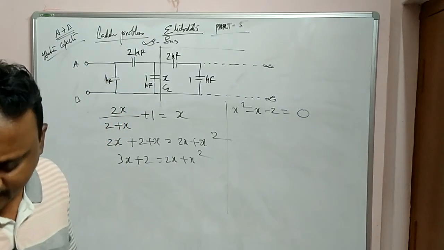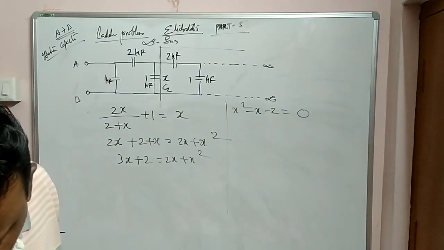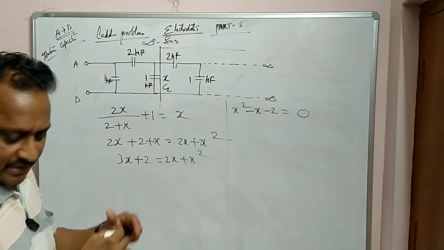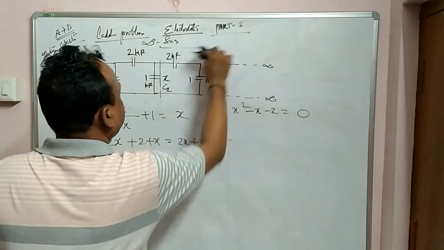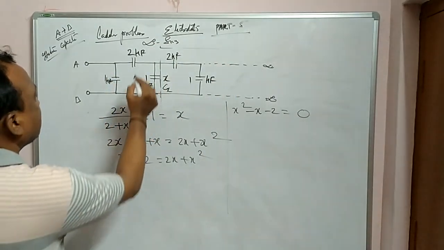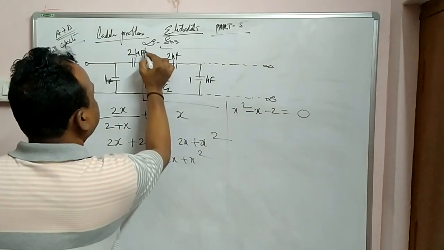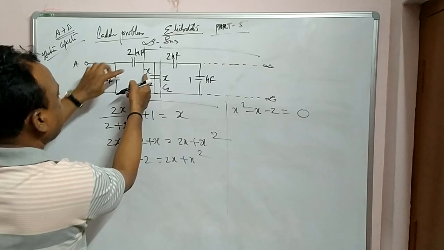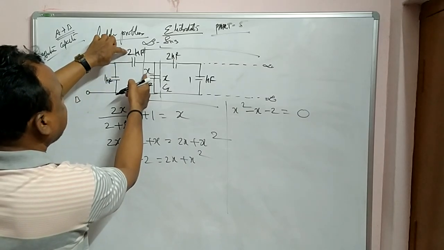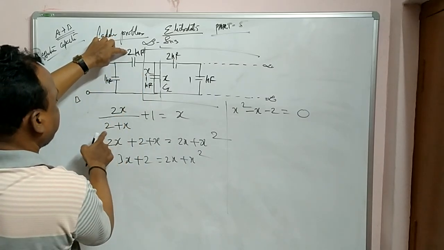So this is the final equation I got. Okay, x square minus x. What happened here is that this block, not up to here, you have to take up to here. Up to here you have to take the value. So this value is taken as x. Then this x and this 2, what happens? Series. So 2 into x by 2 plus x.